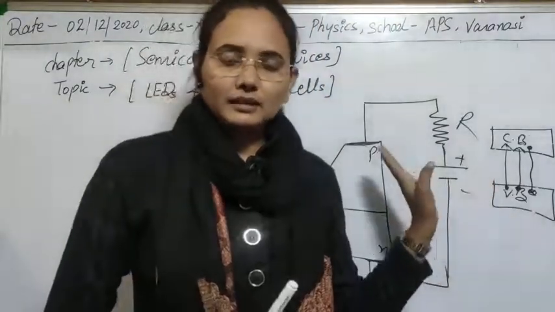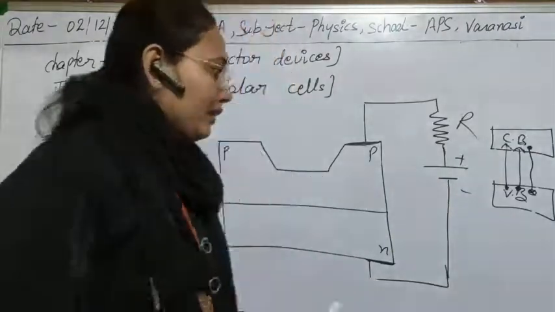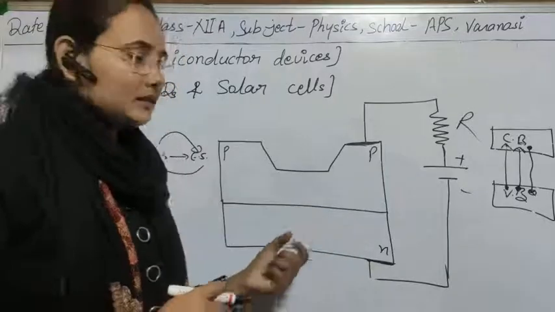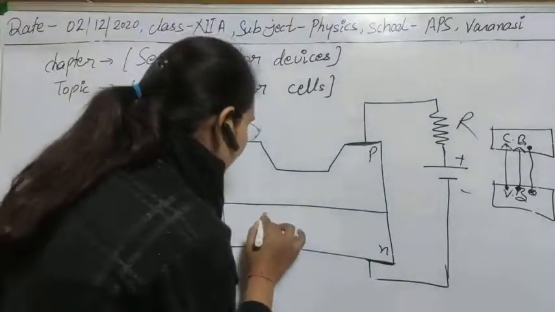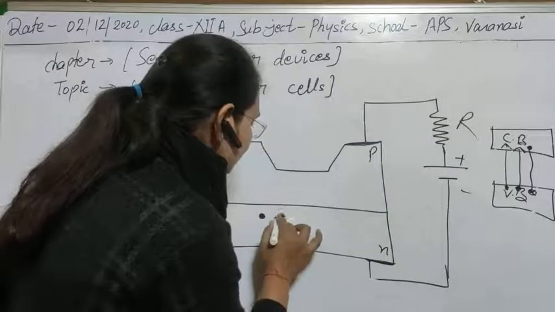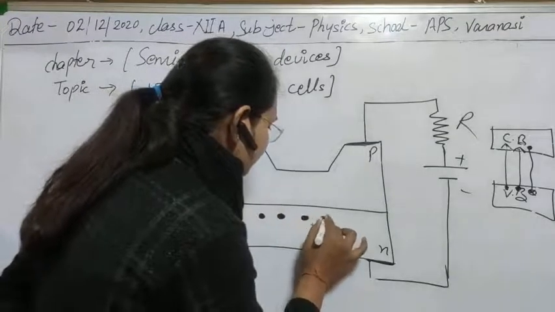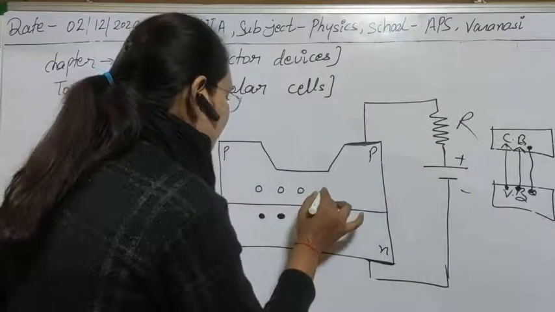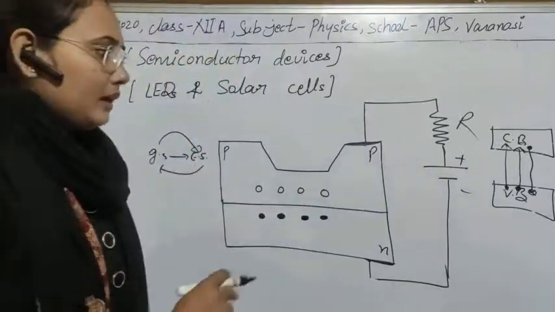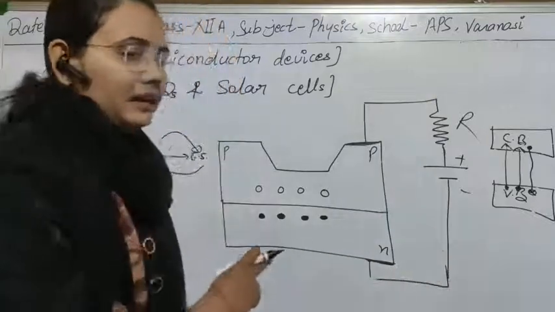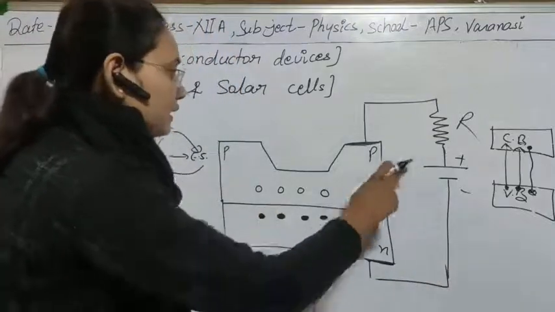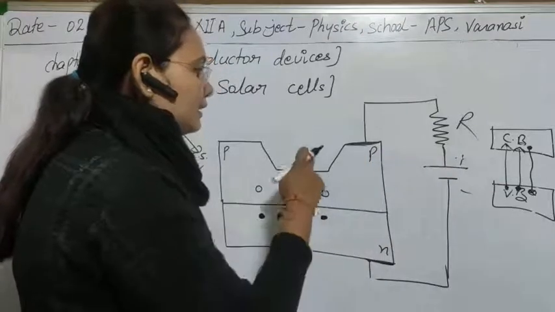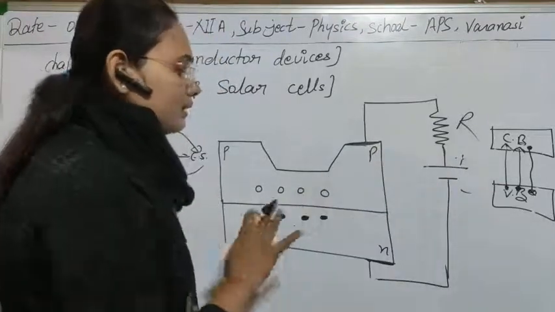First of all, I think this is clear to you, so let's see how it works, how energy can appear in this form. In n-type materials electrons are there, and in p-type materials holes are there. Clear? When a forward bias is applied, the positive terminal attracts the electrons and the negative terminal attracts the holes.